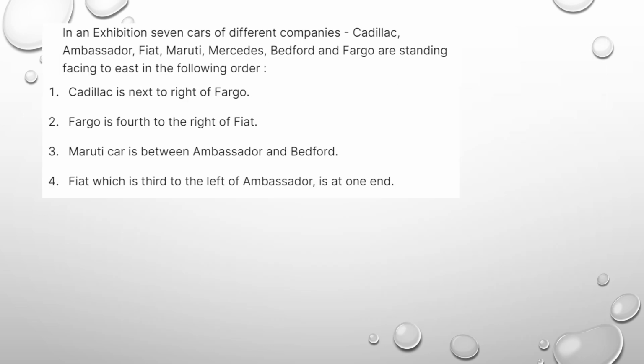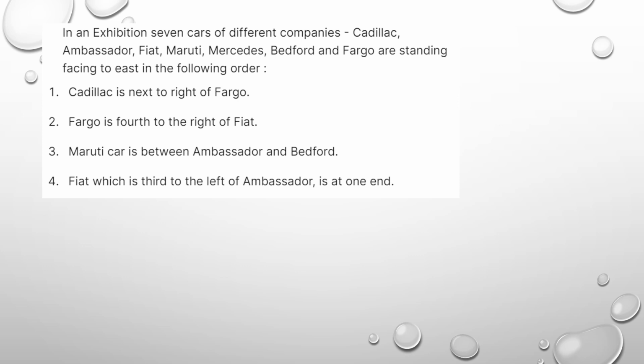Now, going through a little complex example here, in an exhibition, 7 cars of different companies are standing facing to the east in the following order. So now we have to arrange the cars according to the given company name, and then you have to go for the sub questions.